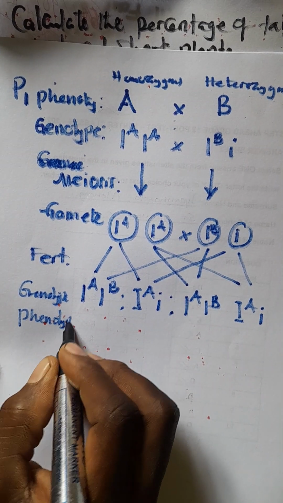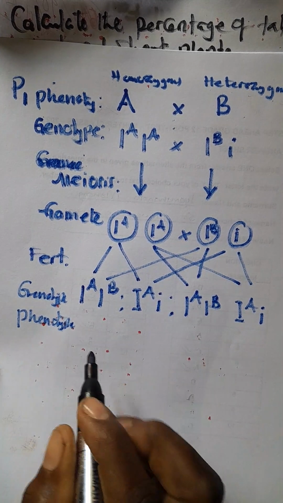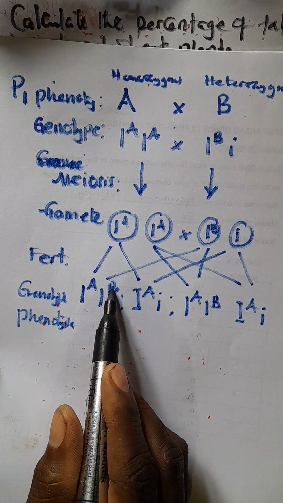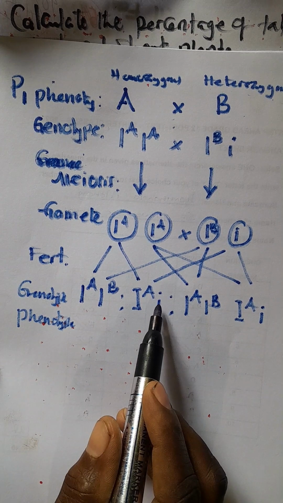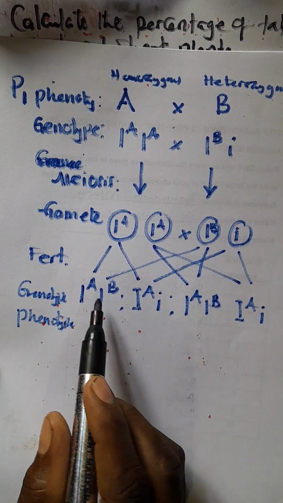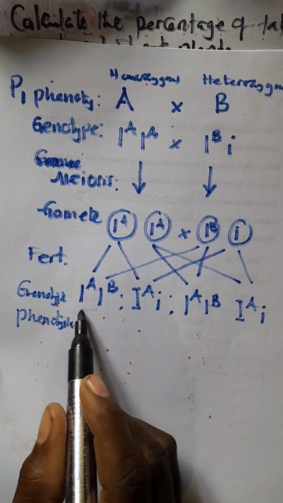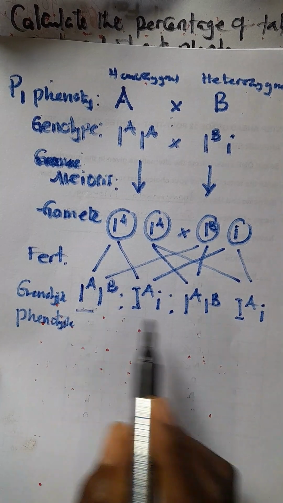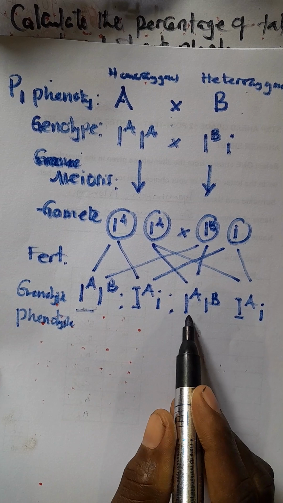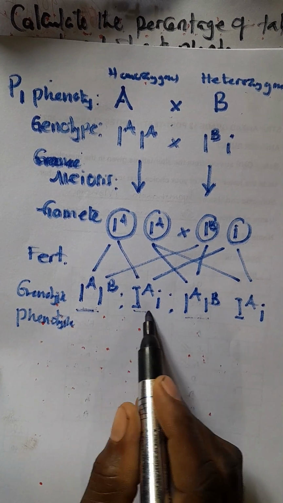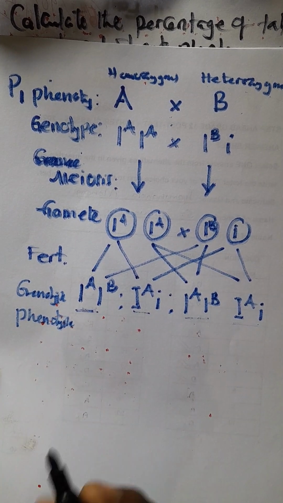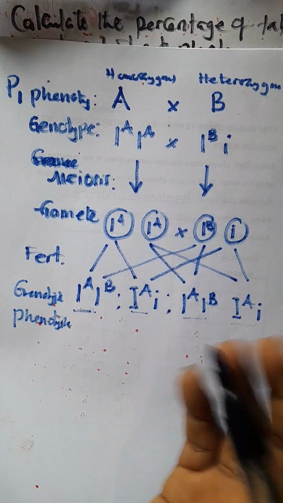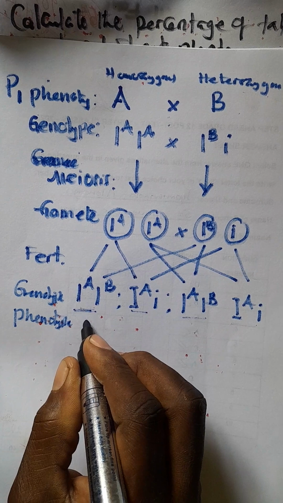Right, now let's check there. We got IAIB, IAI recessive, IAIB, IAI recessive. You can see that we have got two IAIB and two IAI recessive. These two look similar, and these two look similar. So to minimize the work that you have to write, you just say the phenotype.